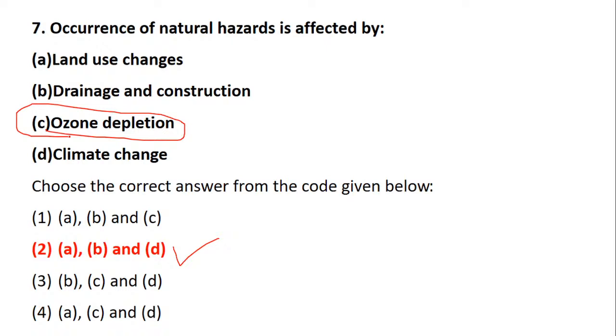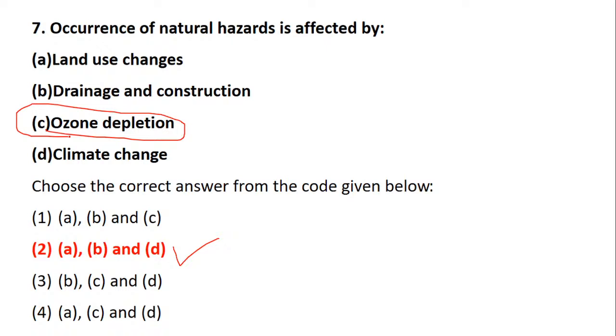Of the given reasons, ozone depletion is not a reason for danger. Land changes, drainage or construction, and climate change can put life in more danger as compared to ozone depletion.